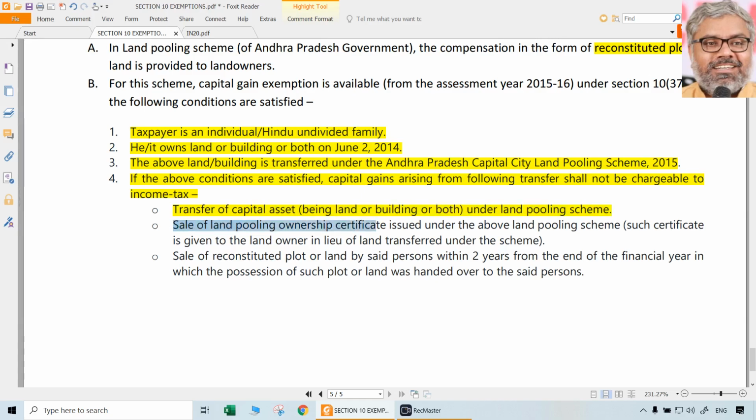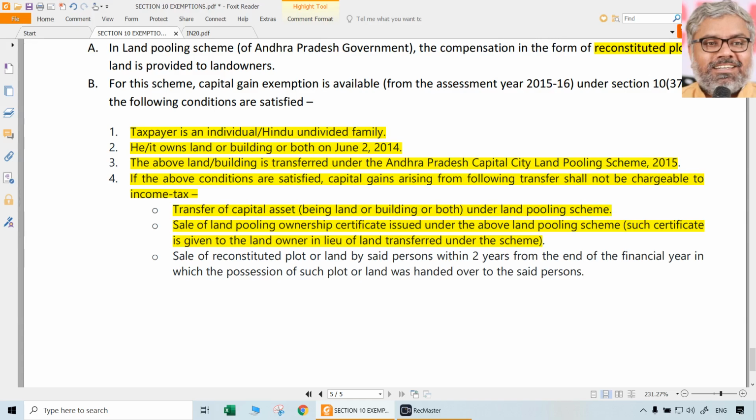Not only that. Even the sale of the land pooling ownership certificate issued under the above land pooling scheme shall also be exempt. This is where people were happy. Yes, because they sold these land pooling ownership certificates, with which they will get the reconstituted plot in future.